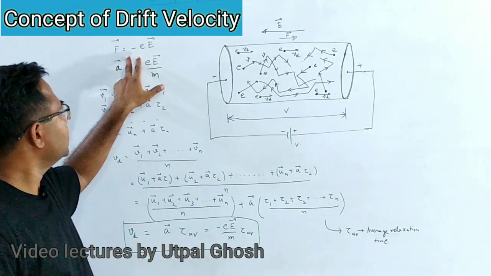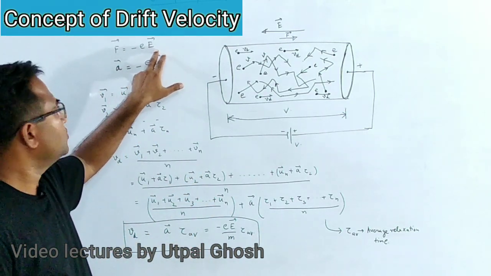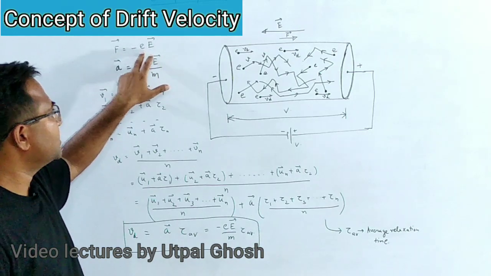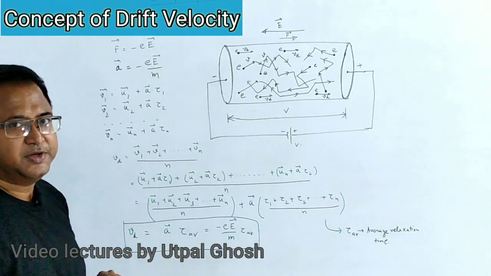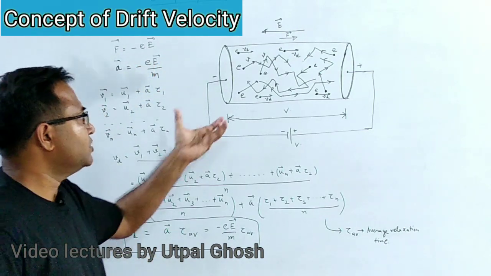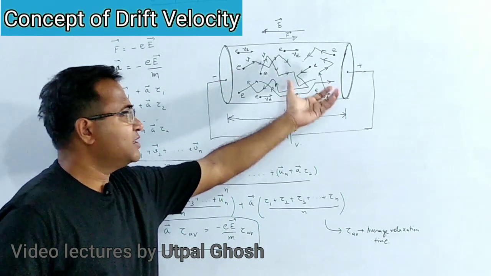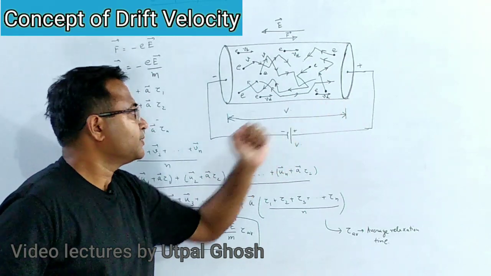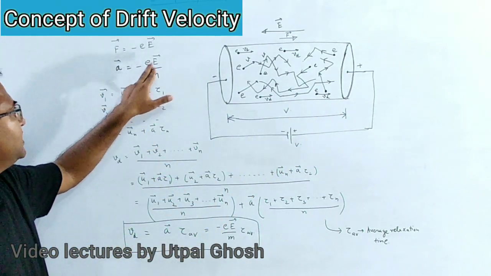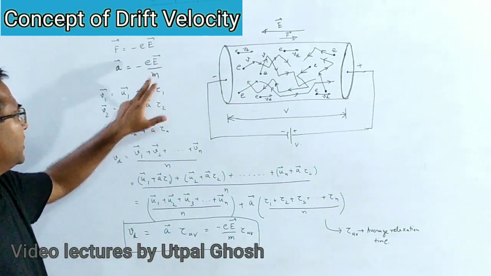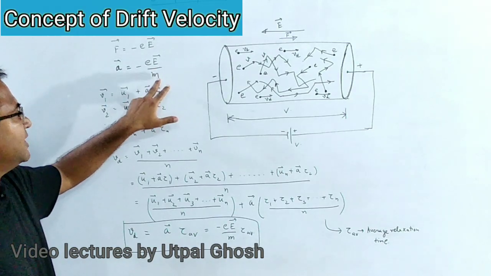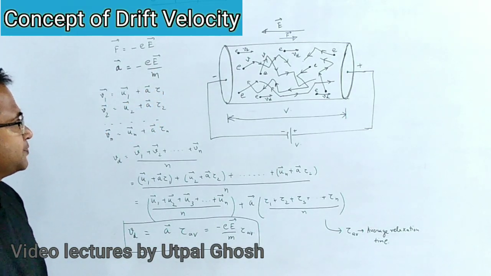So here force is given by minus eE, where e is the charge of an electron and E is the electric field. So due to the force, all the electrons will be accelerated in this direction, and acceleration is given by eE by m, where E is the electric field, capital E, and m is the mass of the electron.